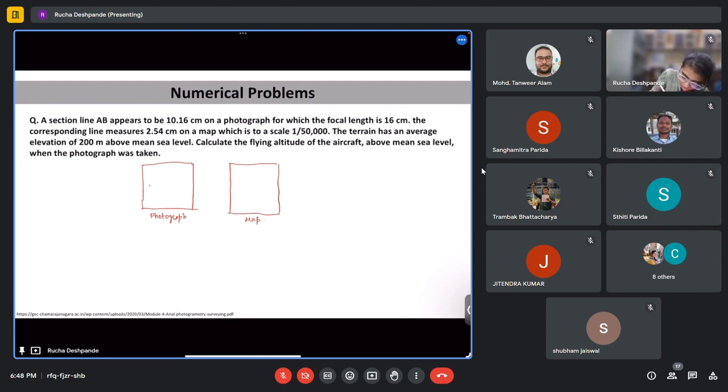Alright. So this is A, this is B. These are the two different points on the photograph.